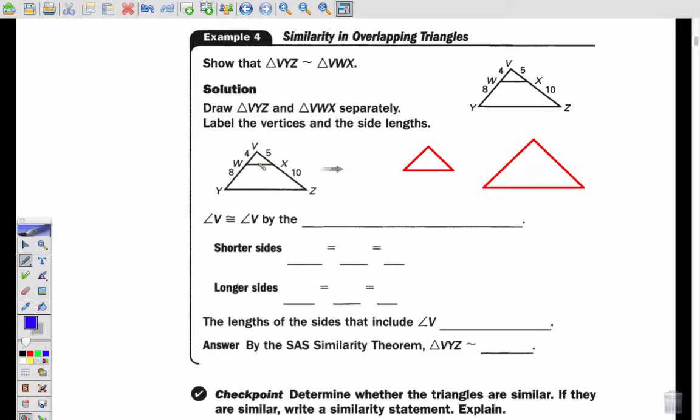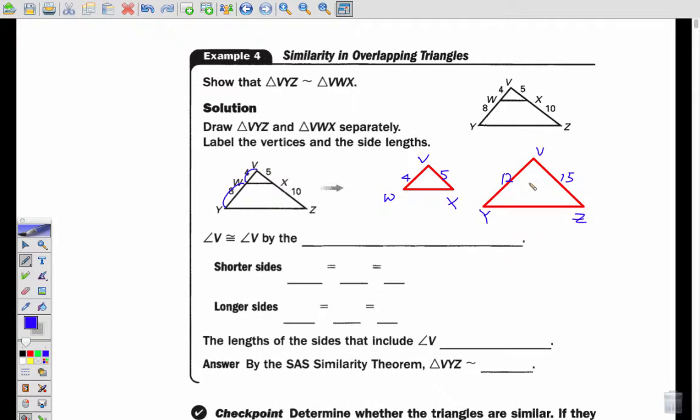So on the top is VWX. And this is 4, 5, I don't know this side. And the big one is VYZ. And if this part is 4, this part is 8, altogether I have 4 plus 8, which is 12. And on the right-hand side, I have 10 plus 5, which is 15, right?